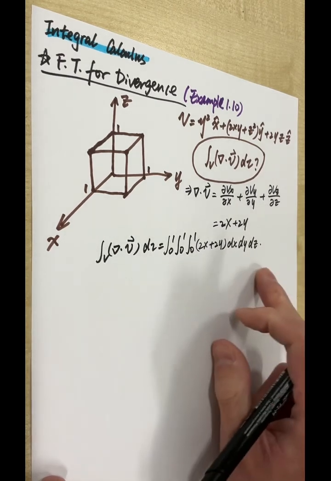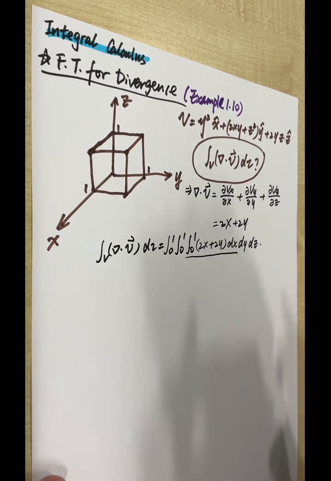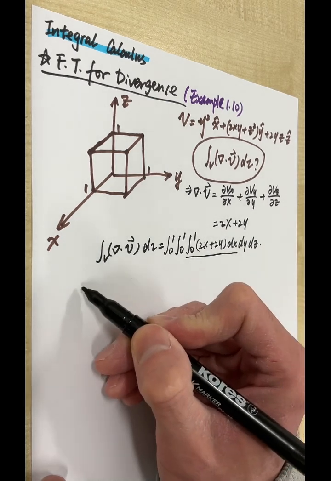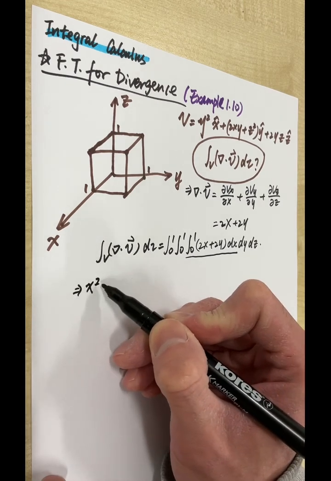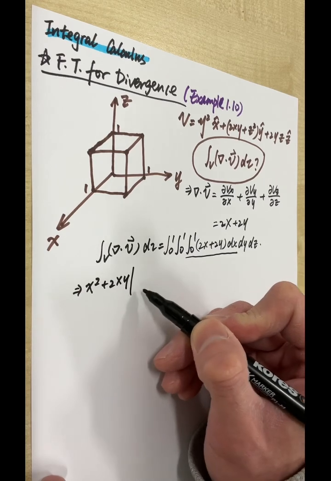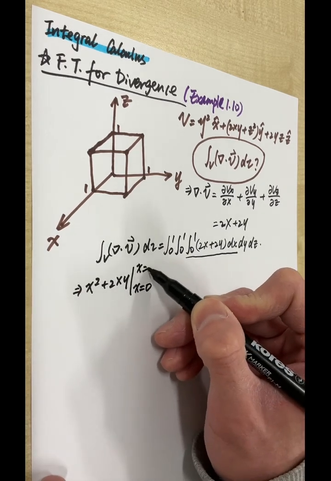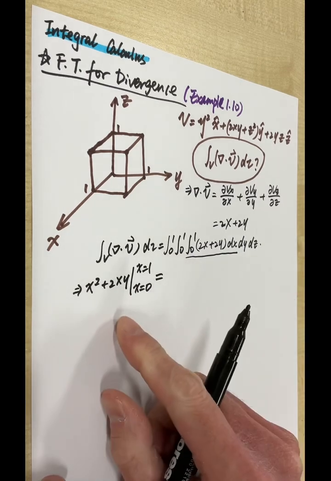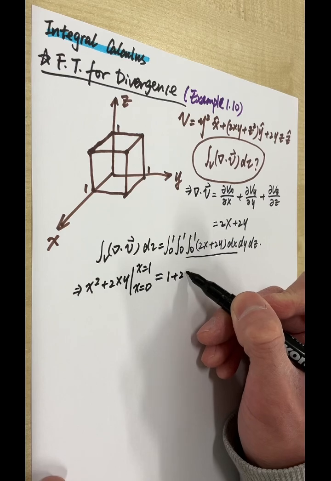Let's solve this in 3 steps. The first step is this integral. It gives us x squared plus 2xy, from x equals 0 to x equals 1. So this gives us 1 plus 2y.